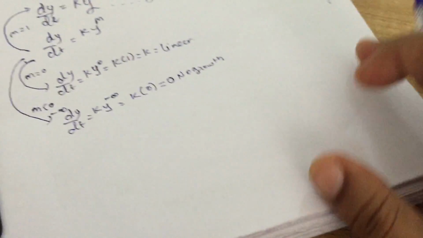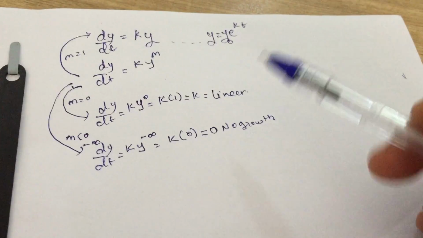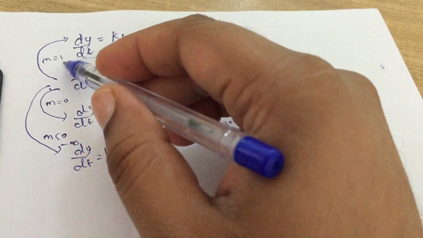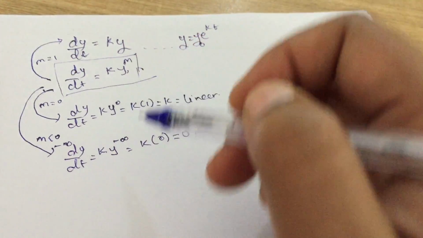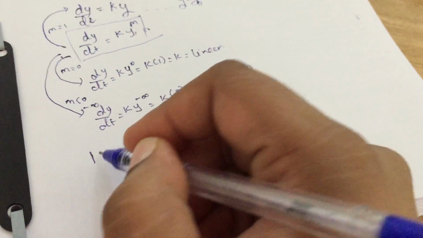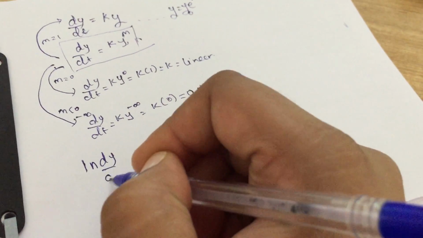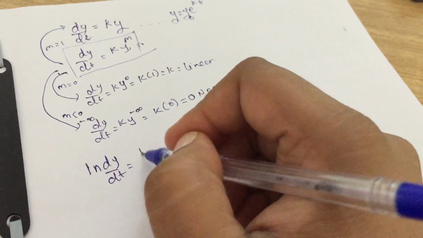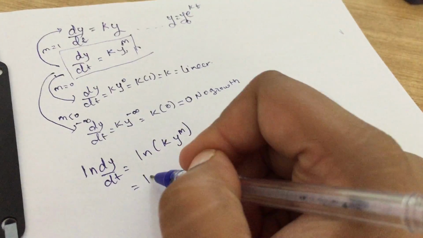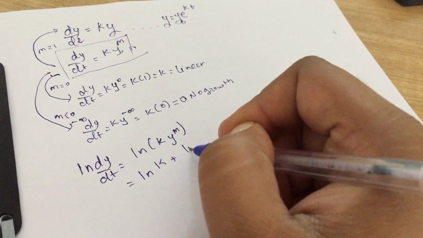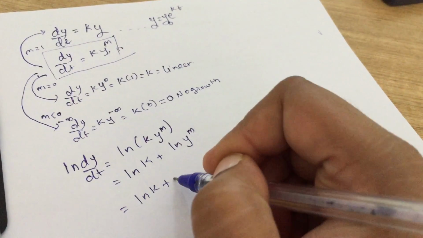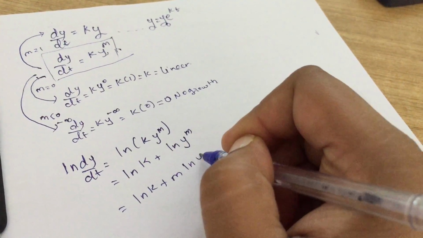Okay, so going back to this set of equations, this is our main equation, and what I'm going to do is take a log on both sides. So I'm going to have ln dy by dt equal to ln k y^m, which is equal to ln k plus ln y^m, which is equal to ln k plus m ln y.